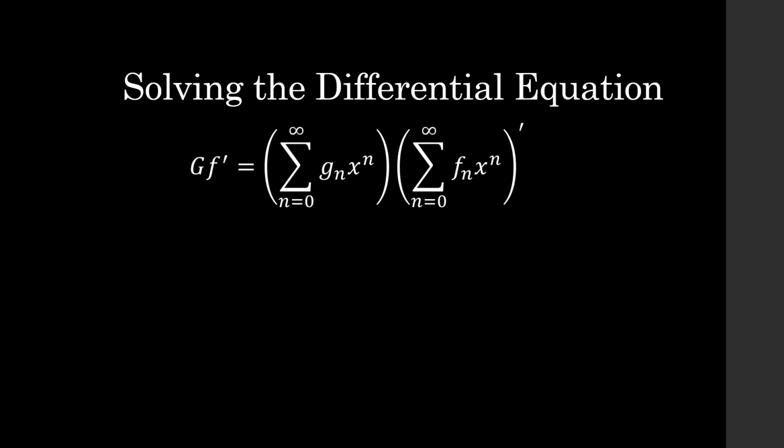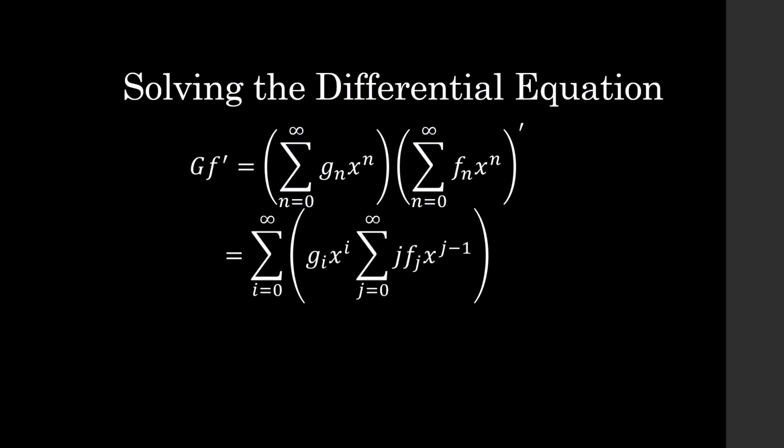Now we have the product of these two series as our second complication, and it's going to be g times the derivative of f. Recognizing that these two series are completely independent of each other, we can give them their own indices, i and j, i for g and j for f. And then we're going to bring one series inside the other completely, as it is just a constant. j is completely independent of i. Now, f has already been taken into its derivative form, as shown with the g prime.